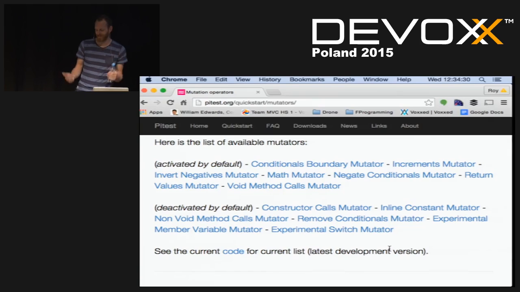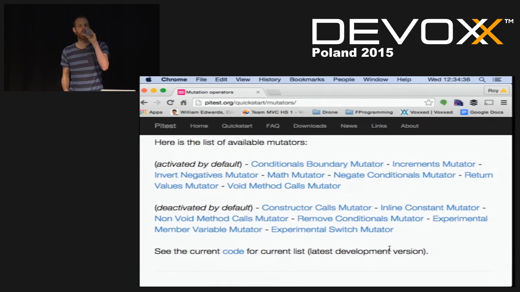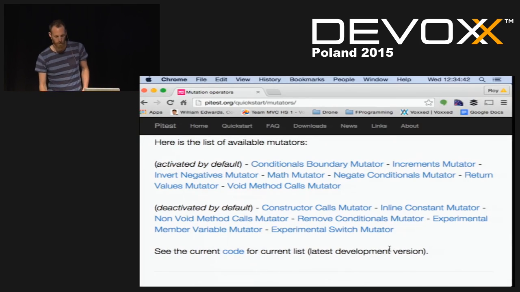My concern is you don't really know if the mutants that stayed alive are something really critical, or if they might be trivial. No, you have to look at the results. So you just need to do it manually. It's just like code coverage.